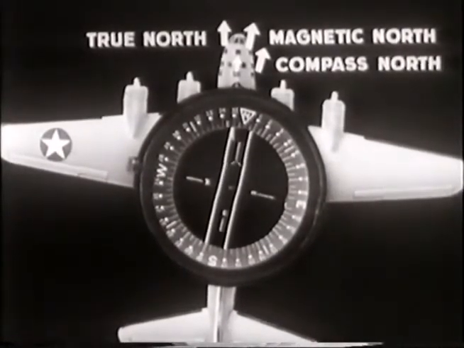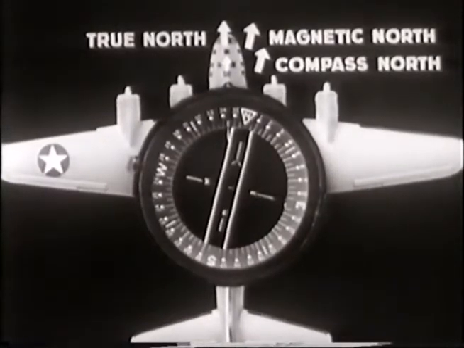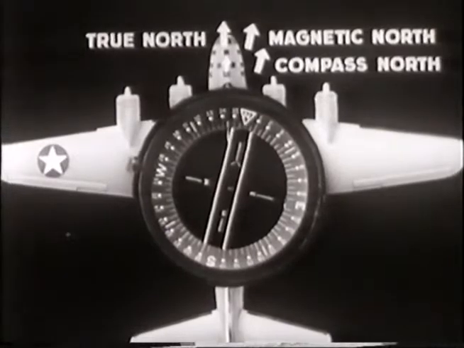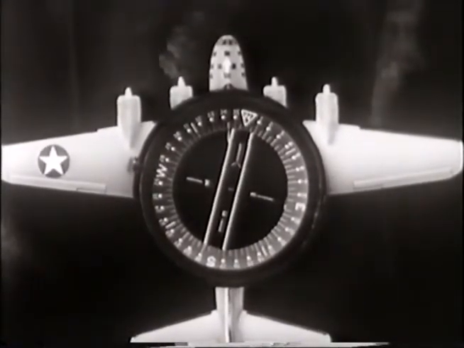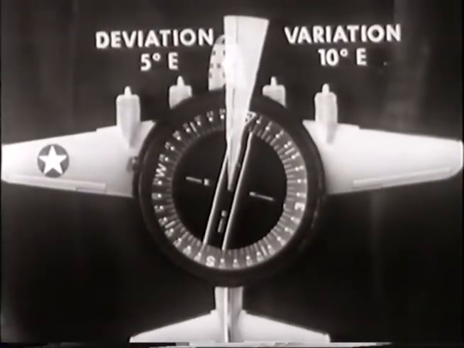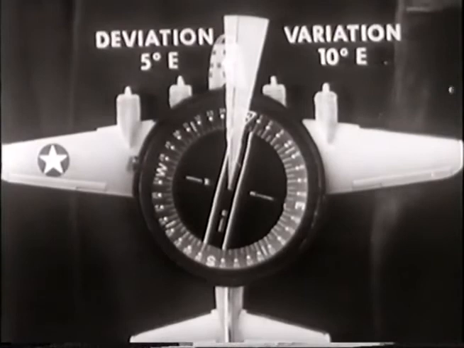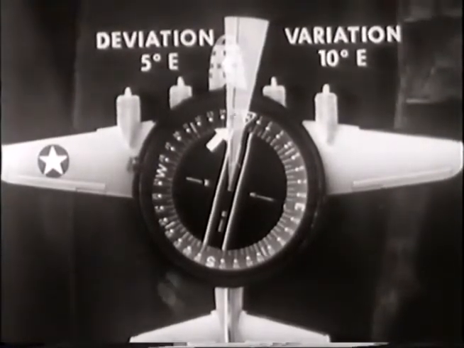That is, turning the azimuth ring and reducing the compass reading 5 degrees more. Therefore, with a variation of 10 degrees east and a deviation of 5 degrees east, the compass reading of 345 degrees will give the desired course of 360 degrees.